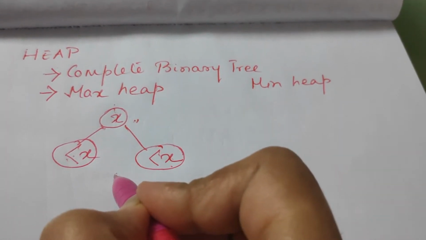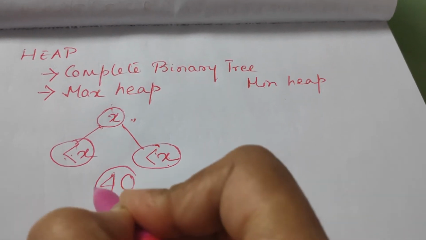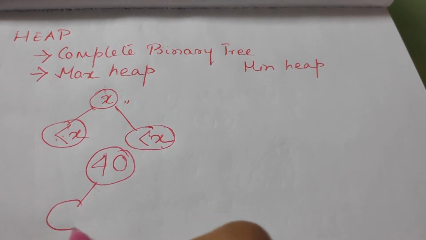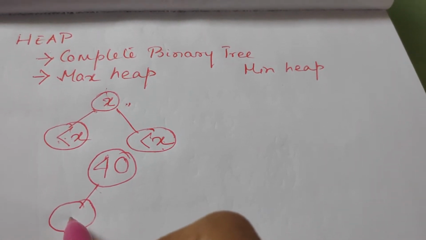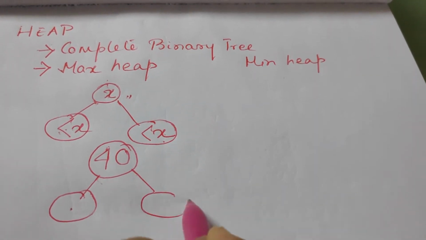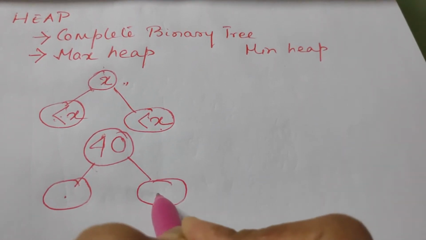So suppose I have got 40 as my root node, then the node on the left hand side of 40 should be less than 40. Node on the right hand side of 40 should also be less than 40.